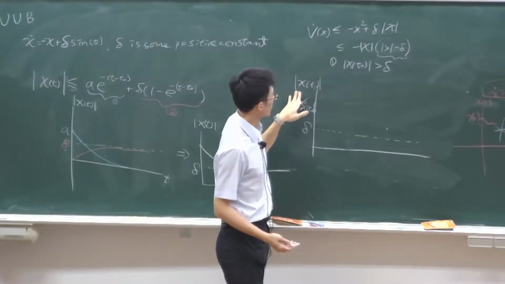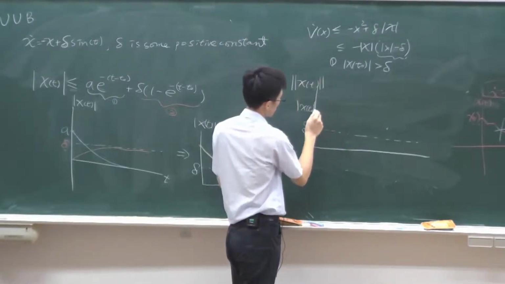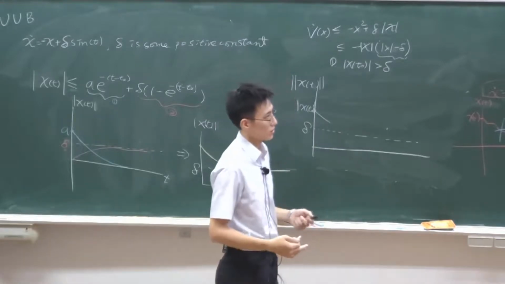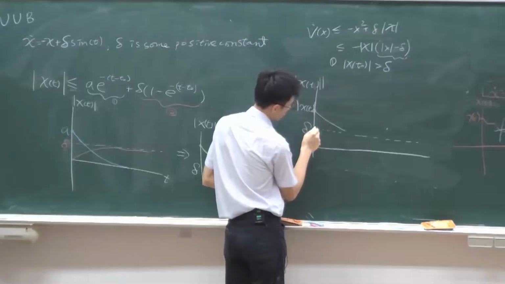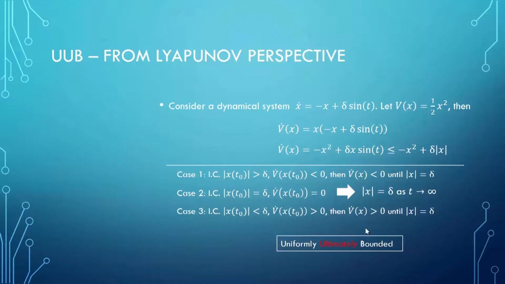So the xt norm will decrease. And when will it stop decreasing? Only when this equals delta, right? So it will decrease, and stop or remain constant only when x reaches this delta, right? So this covers the first and second case.